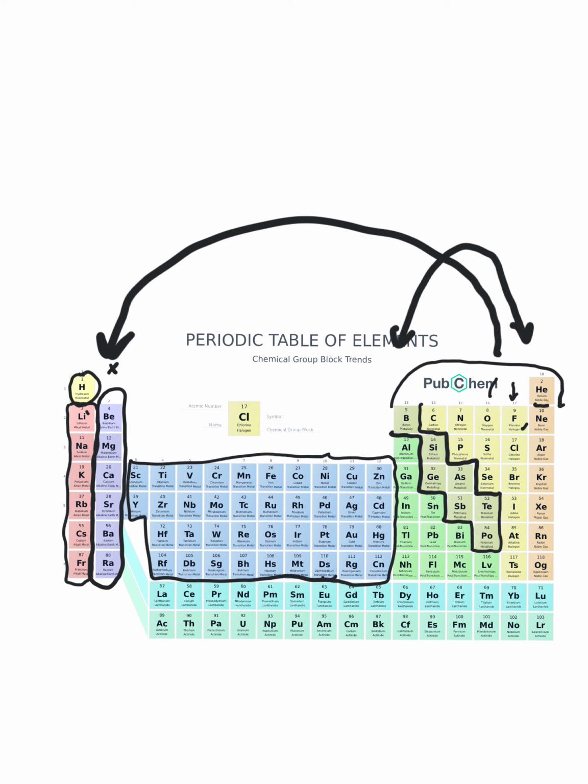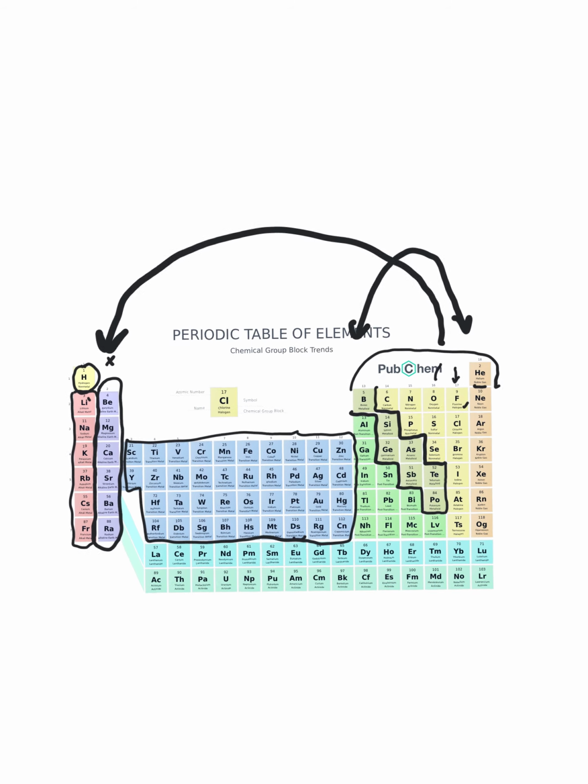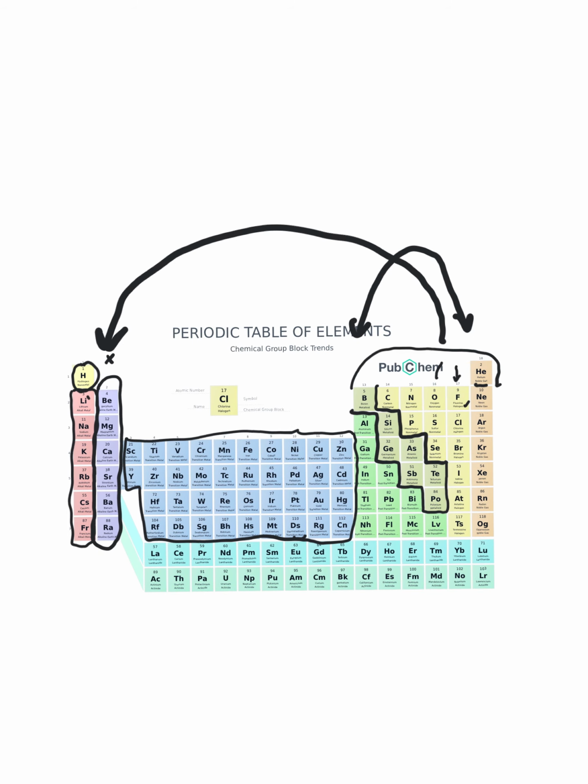Now, another thing we can find out from the periodic table is the number of valence electrons. And basically that's from the main group elements. So if we look at groups 1, 2, and then if we go over to 13, 14, 15, 16, 17, and 18, the group number corresponds to how many valence electrons they have.